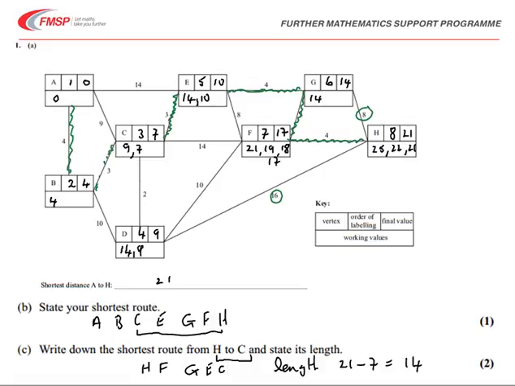You don't actually need to go through the route again, you simply look at the values that we've got in the previous question in our diagram.